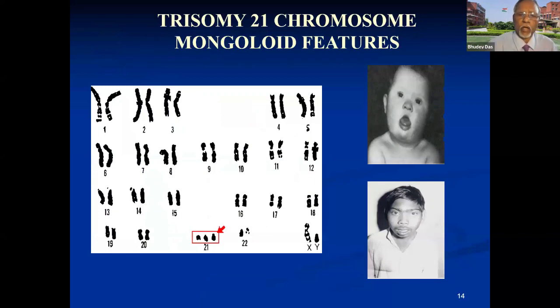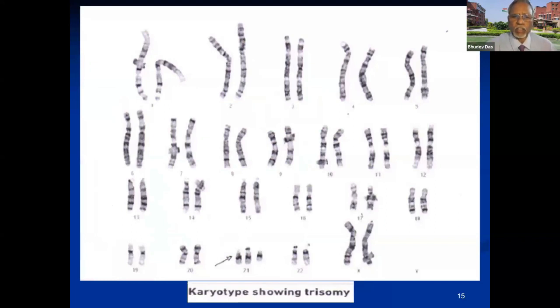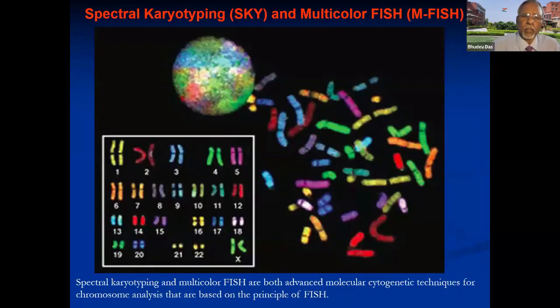Then this is also a G banding chromosome showing trisomy 21, the Down syndrome. And then you also have this trisomy with long chromosomes. I have no time to describe how long chromosomes can be prepared so that the banding is easily distinguishable. So this is also a Down syndrome picture, triple 21, trisomy.